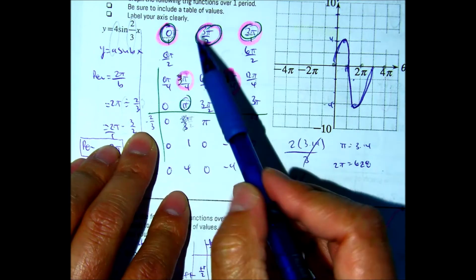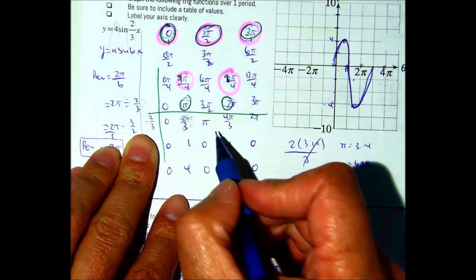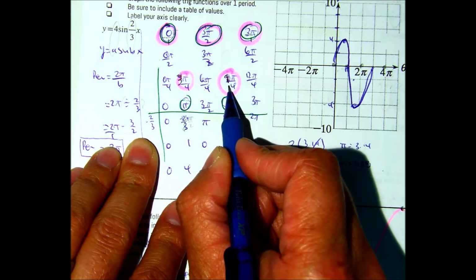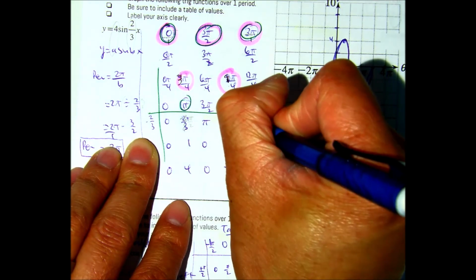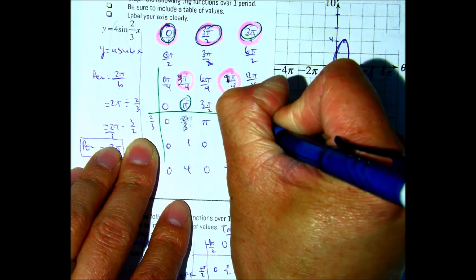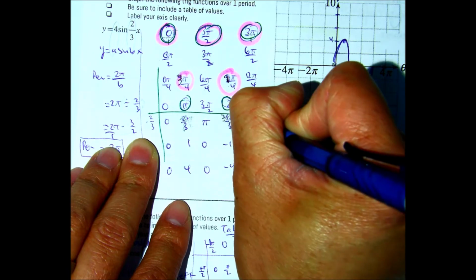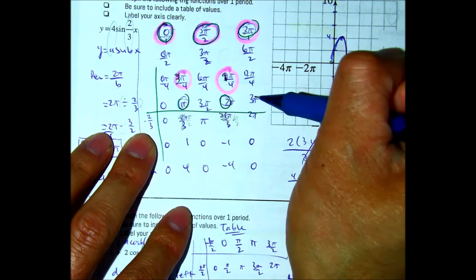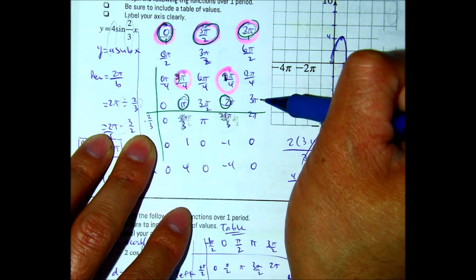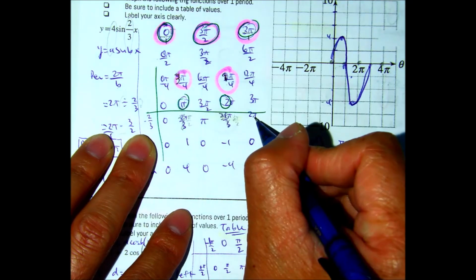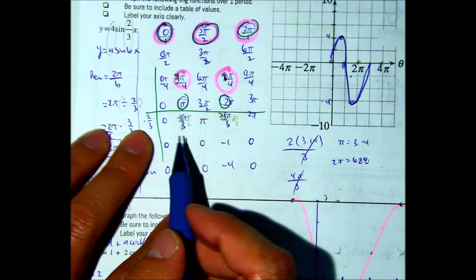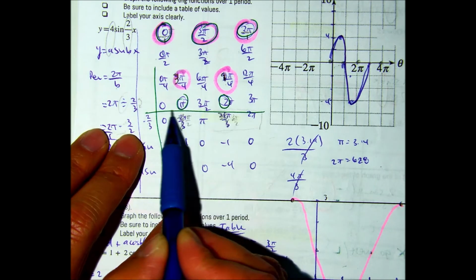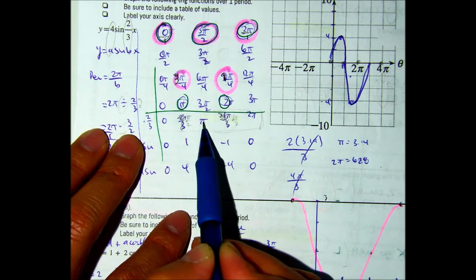Two-thirds times 3 halves will give me pi. 2/3 times 9/4 will give me 3 halves pi. And 2/3 times 3 pi will give me 6 pi over 3, which is just 2 pi. Now, this is how you will always know you're doing these correctly. You will always get this, what I call a golden row. For sine and cosine, you will always get 0, pi over 2, pi, 3 halves pi, and 2 pi.